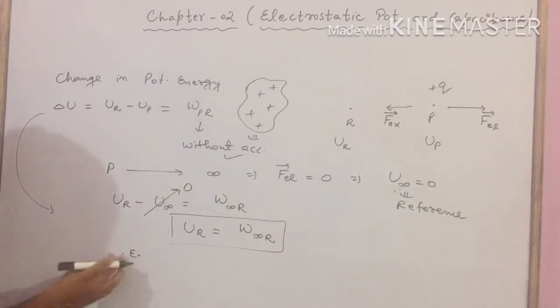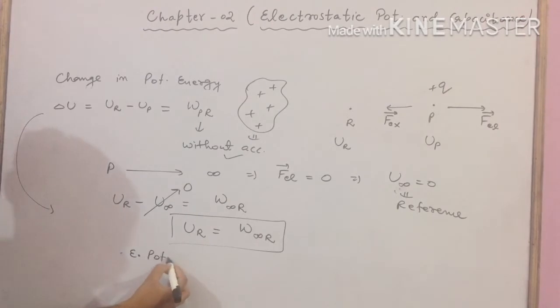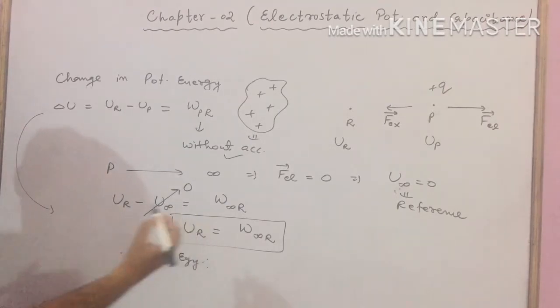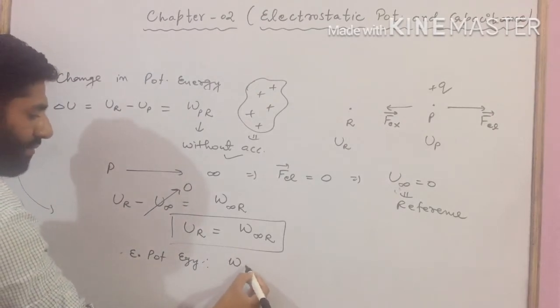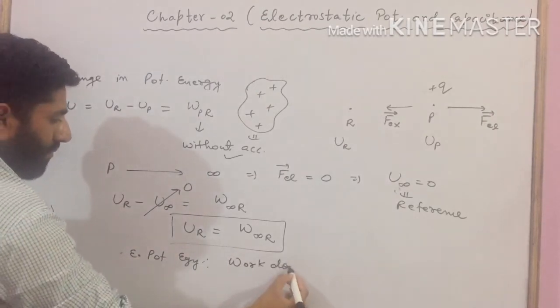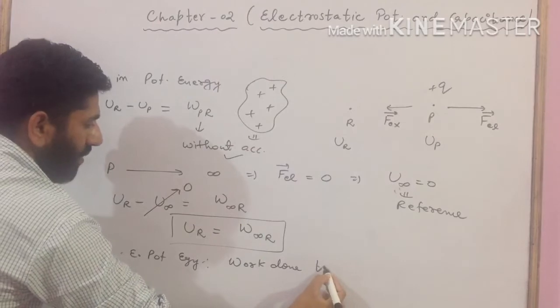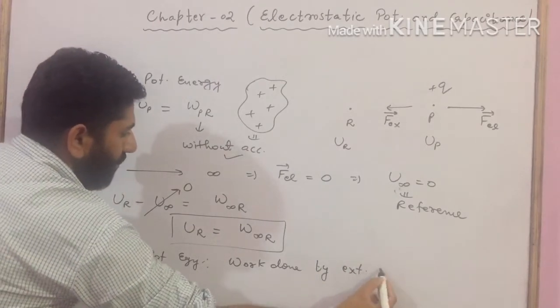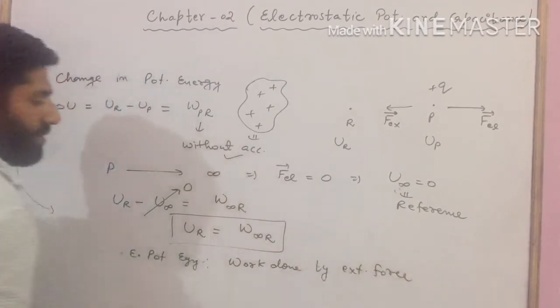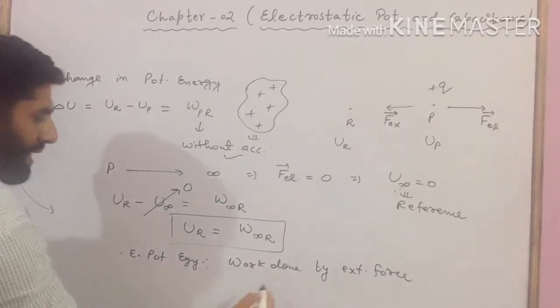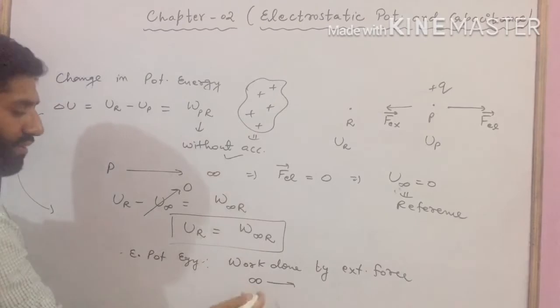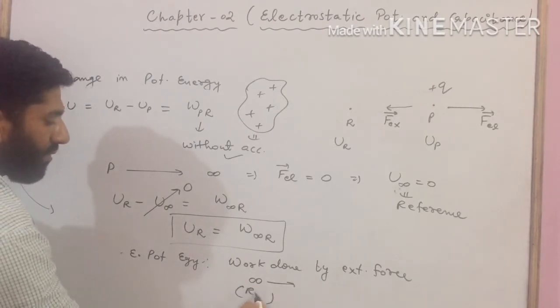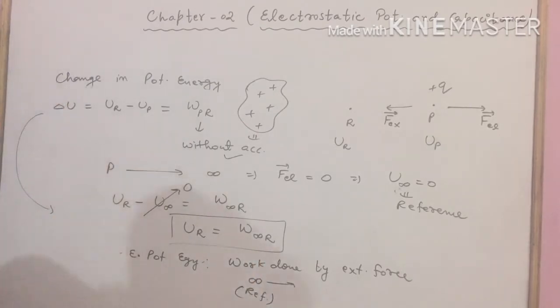So electrostatic potential energy, how can we define it? We can define it as the work done by external force in moving the charge from where? From the reference. And reference is what? Reference is infinity.